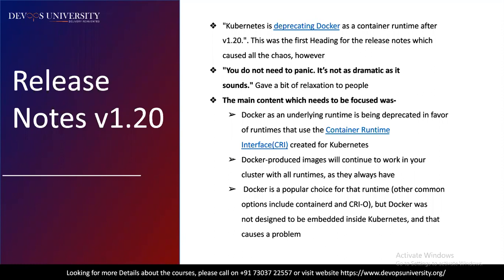Earlier it was Docker shim. Now it is containerd or CRI-O. Docker is a popular choice of runtime among various administrators and developers. It is very popular, but now we have options of containerd and CRI-O. Docker was not exactly designed for Kubernetes, right?